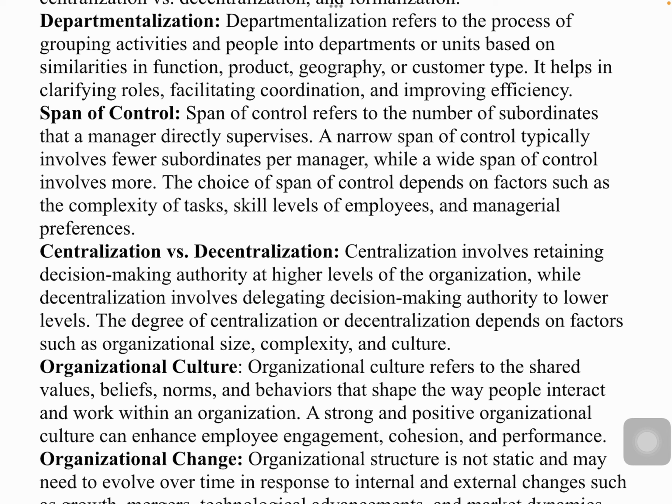So if you are a manager, you have people under you. So those are called subordinates. So span of control is the number of people under the manager, whom they supervise. Okay, so for example, a manager overseeing 5 employees has a narrow span of control.